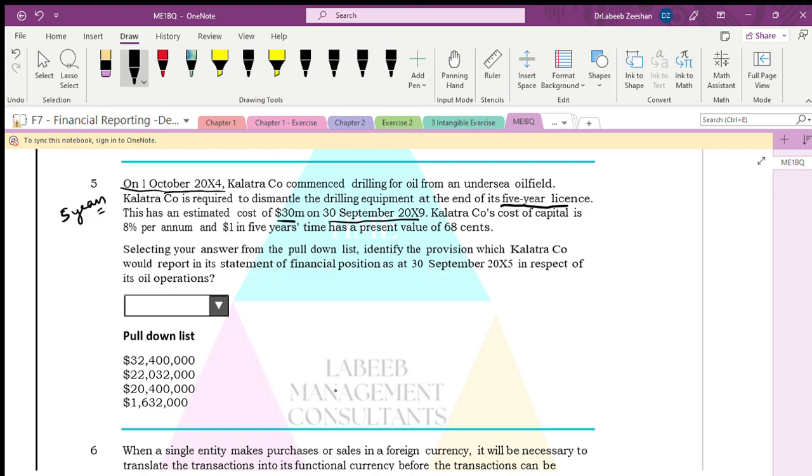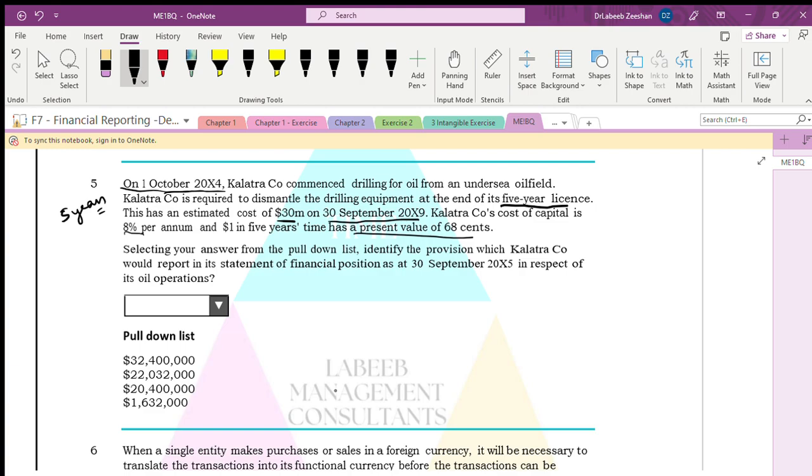Kalatra's cost of capital is 8%. If they give it like this, you have to see the present value of that 30 million amount. Select your answer from the pull-down box.